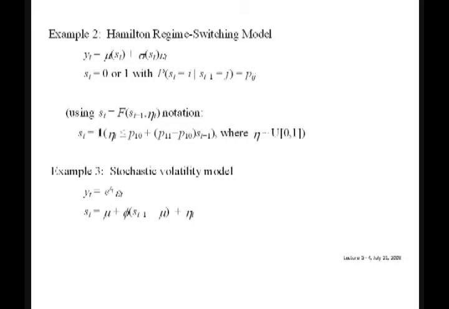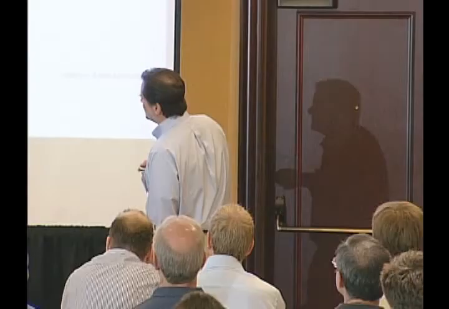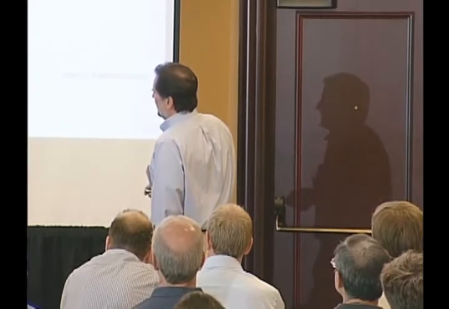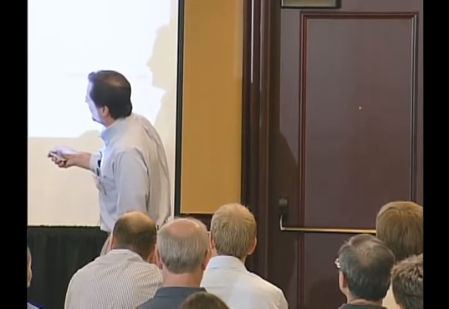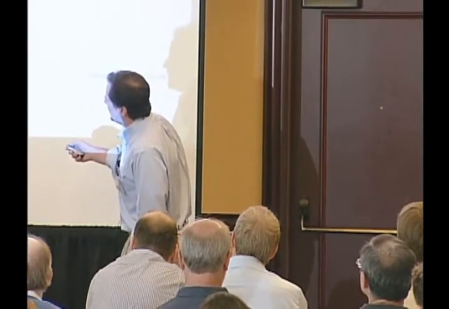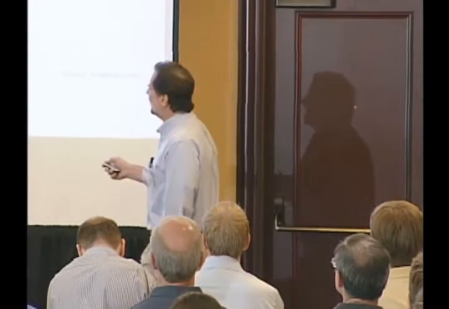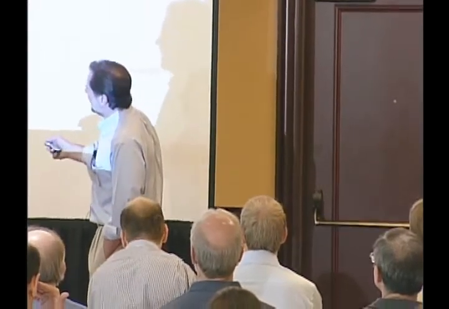And you could also think about a nonlinear model, if you will, a stochastic volatility model. So think about my observable, and think about epsilon as IID standard normal. So this guy has variance 1, but it gets multiplied by a time-varying standard deviation. e to the s_t would be the time t standard deviation of y.